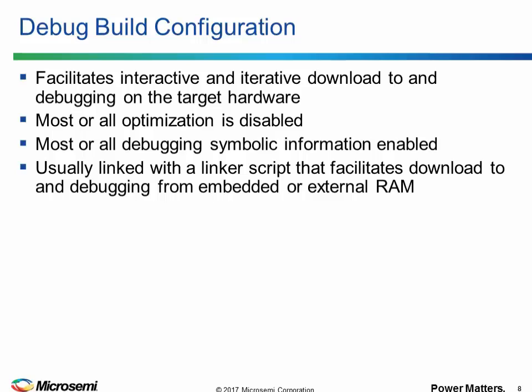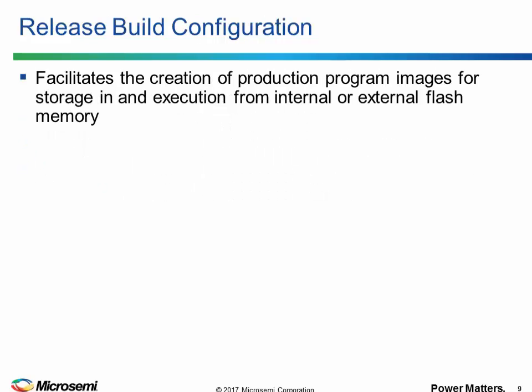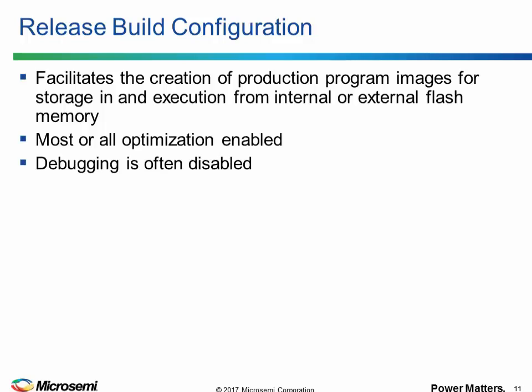The Release build configuration facilitates the creation of production program images for storage in and execution from a suitable internal or external flash memory. Most or all of the optimization is enabled, and debugging is often disabled.